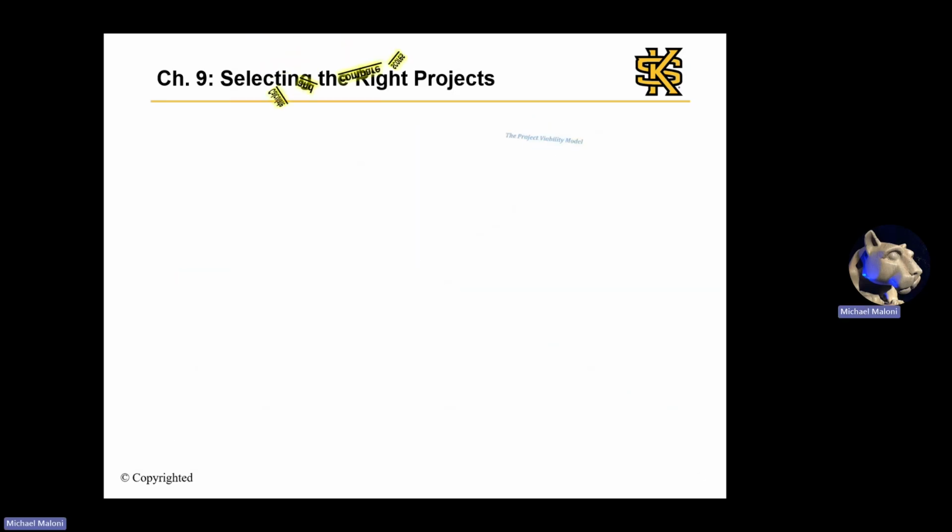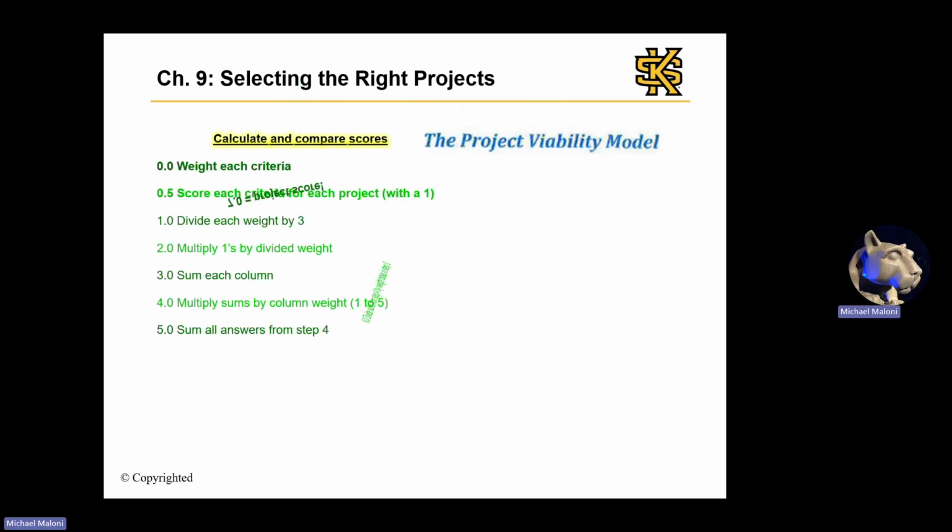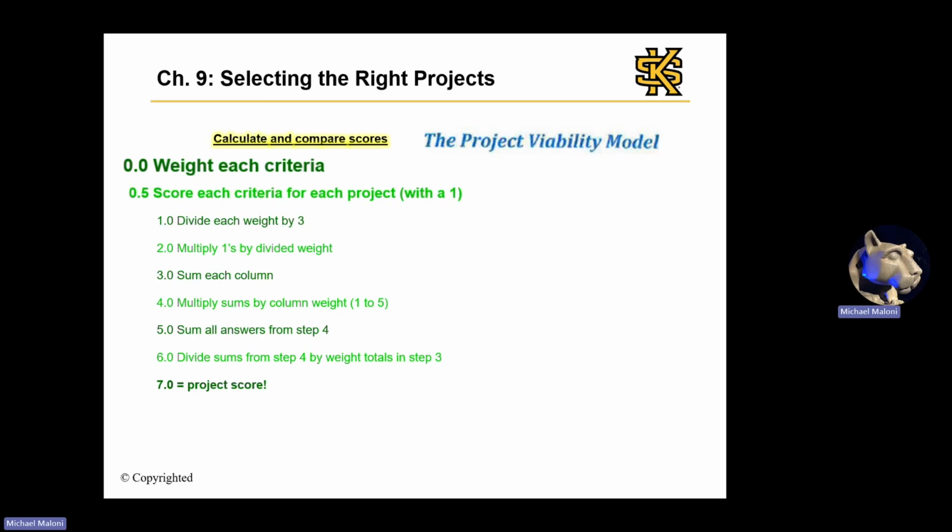The text then presents the details of executing the project viability model. You might find the methodology to be a bit confusing, though a detailed example is presented. Nevertheless, we'll generalize with key ideas, including weight each criteria for importance, and we'll evaluate each project relative to the criteria, and then in the end, combine the weights and project criteria evaluations to get a score for each project.